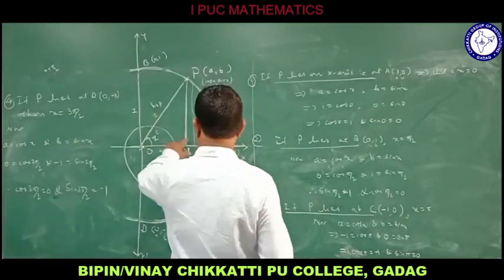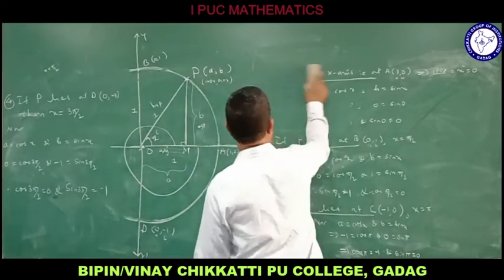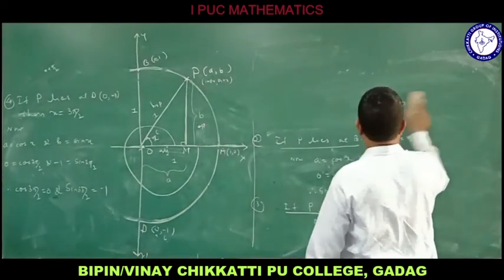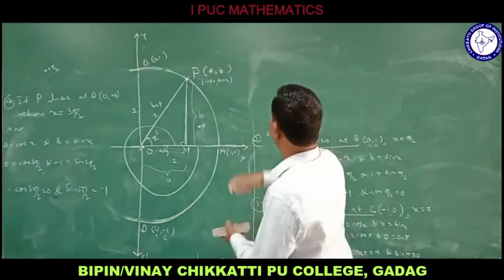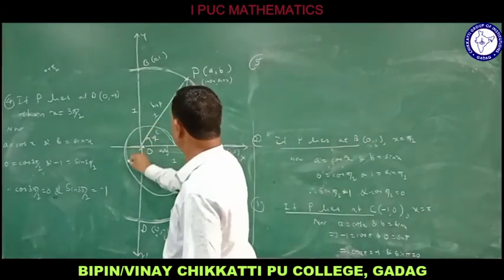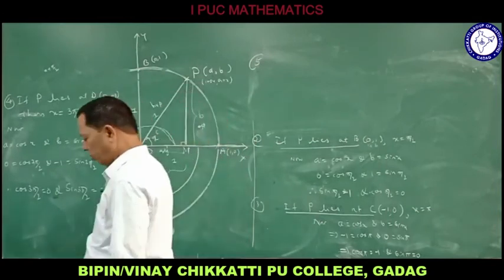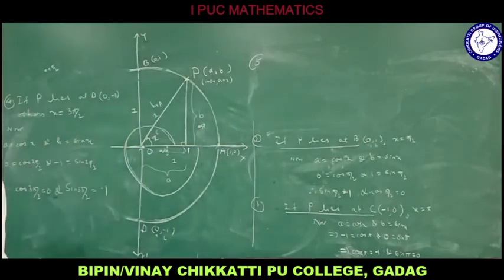What is the x here? 2 pi. So that part I am explaining here. Finally, number 5. So it comes back to the same point. So when it starts here, coming to again, you have to see this point. And there also you see P lies again at A, you can write.